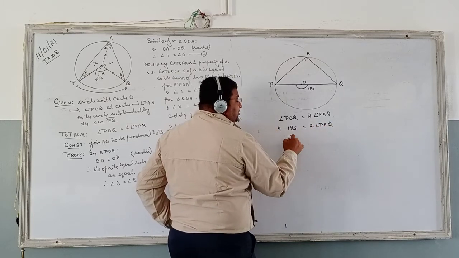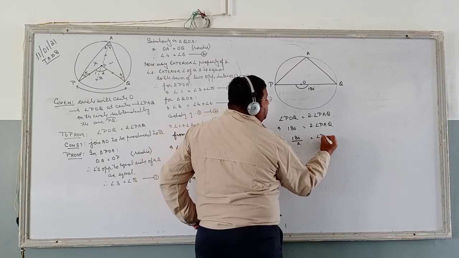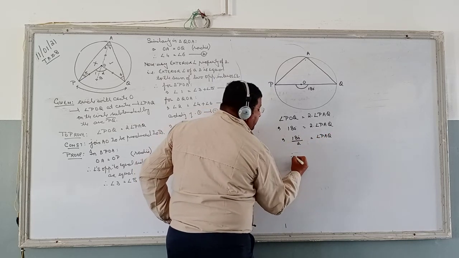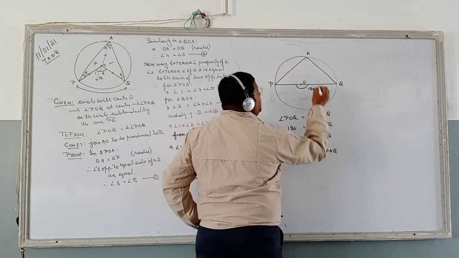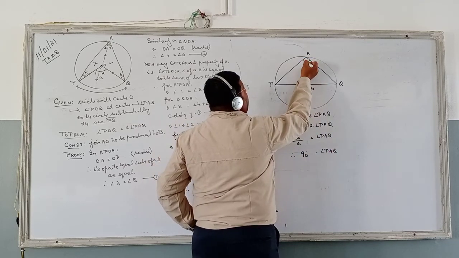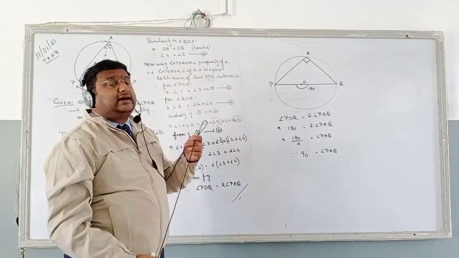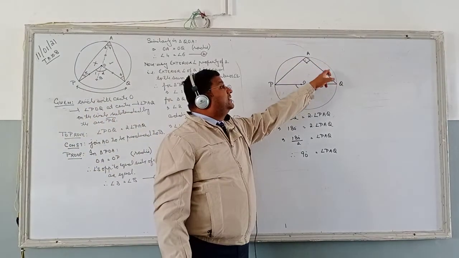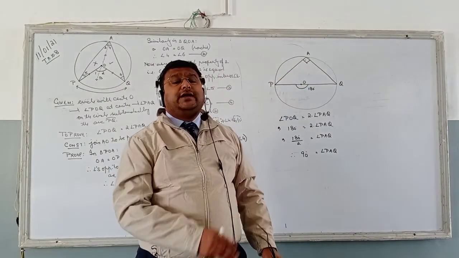The 2 is in multiplication, so it goes into division. So 180 by 2 is equal to angle PAQ. How much is 180 by 2? 90 is equal to angle PAQ. This angle is 90 degrees. That is the angle in a semicircle. Can you see? This is a semicircle. All the angles in the semicircle will become how much? 90.